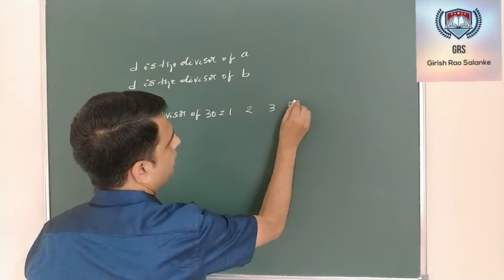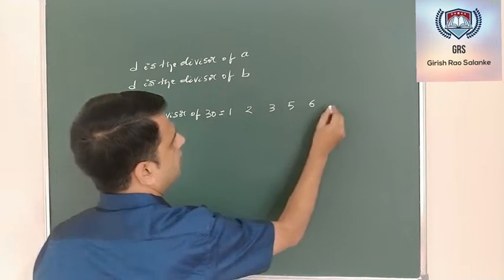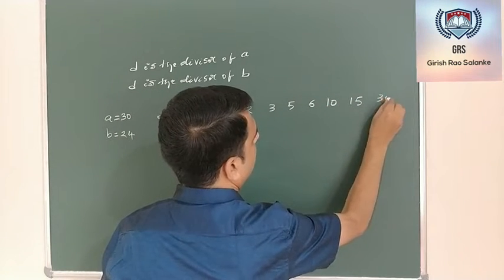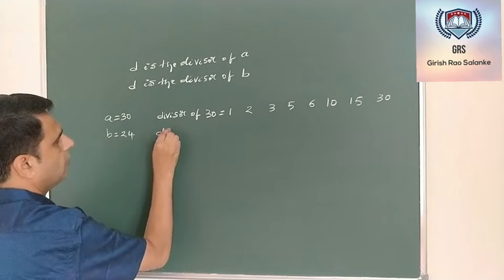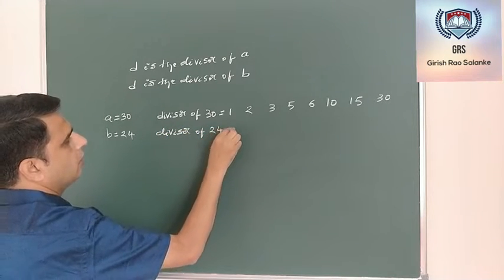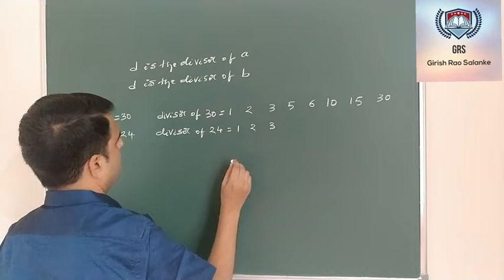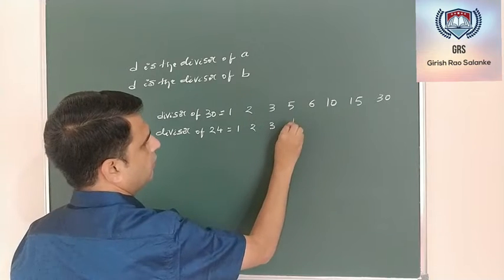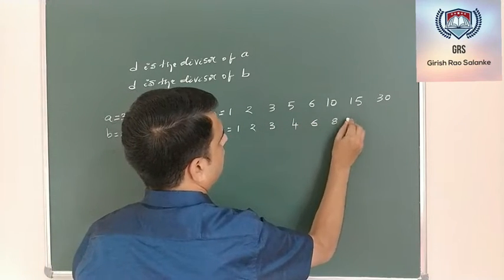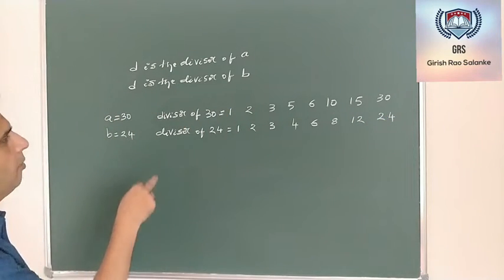No. It can be divided by 5, 6, ruled out 7, 8, 9, then 10, 15 and 30. Similarly, the divisors of 24 are 1, 2, 3, 4, 6, 8, 12 and 24. Now, which are the common divisors here?